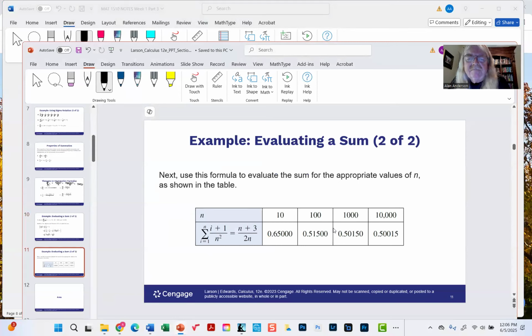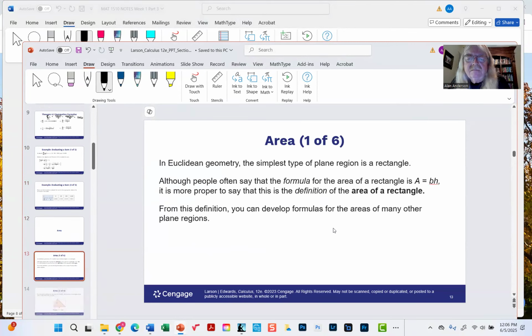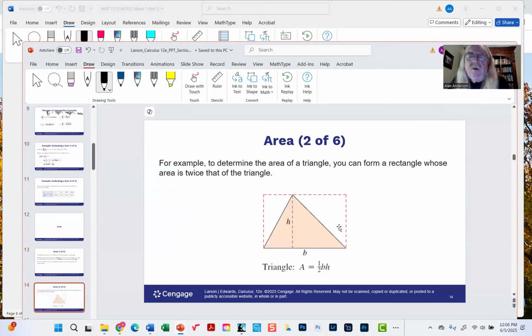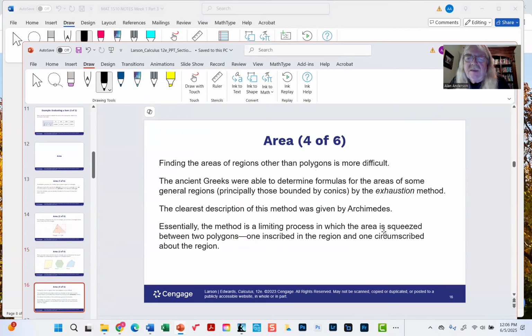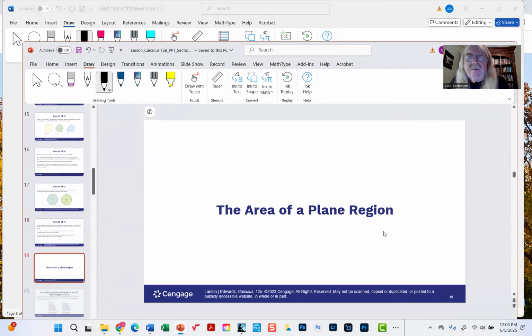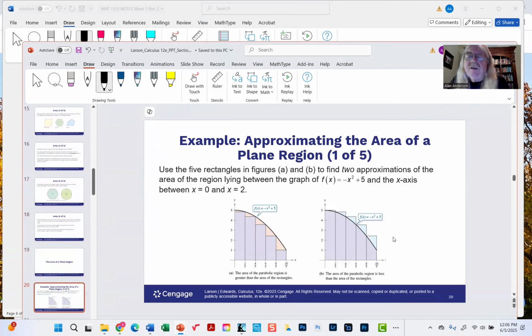Now, areas. Well, we know how to calculate areas. So we can skip over all this, but here's what they're trying to show us. Here's a curve. The function is negative x squared plus 5.